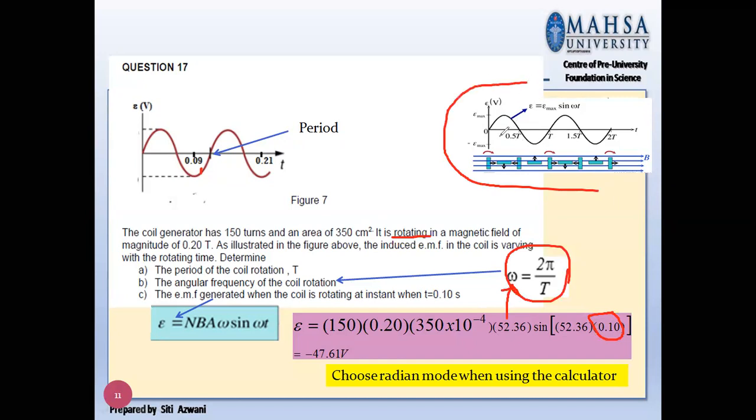So you have the value of your E negative, and then you have a positive. Why is due to the direction of the rotating coil in the magnetic field B here. So it's due to the direction. Okay, is it okay? Is it clear?